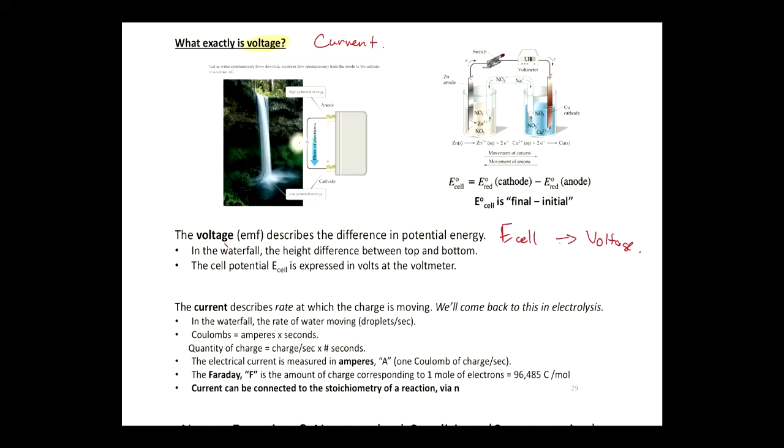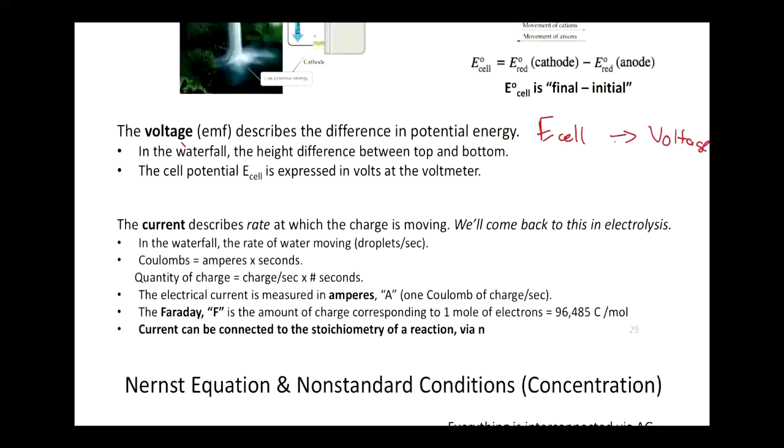We can't see electrons or count how many pass through a point at a certain time, but we can measure charge separation. So what's going to come up is Faraday's constant, which is given to you on the exam. It's a really large number, about 96,000 coulombs. That's how much charge 1 mole of electrons carries.